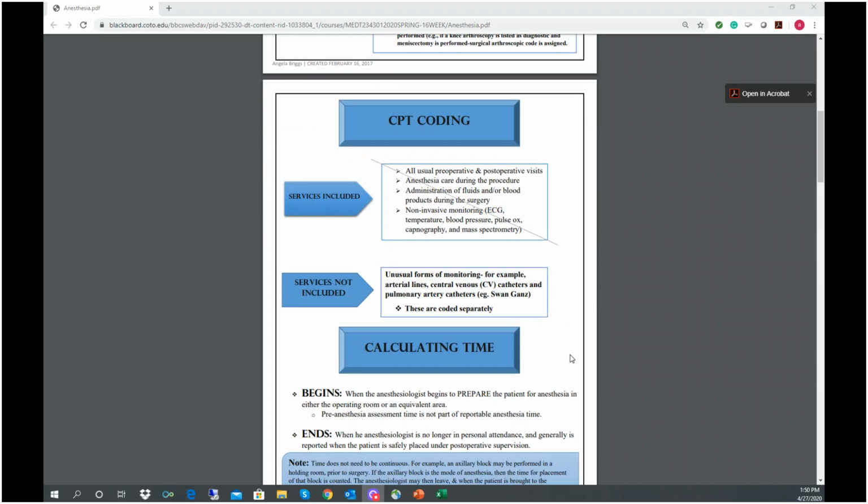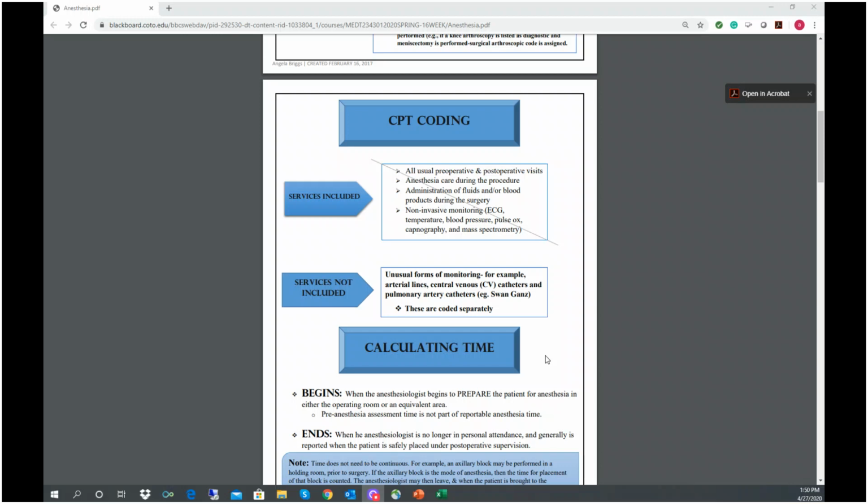CPT coding. Services included, meaning we don't code these. That's why there's a line through them. All usual preoperative and postoperative visits, anesthesia care during the procedure, administration of fluids and or blood products during surgery, non-invasive monitoring, such as ECG, temperature, blood pressure, pulse ox, capnography, and mass spectrometry.